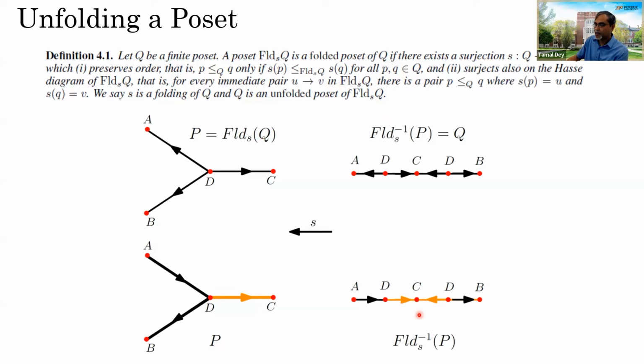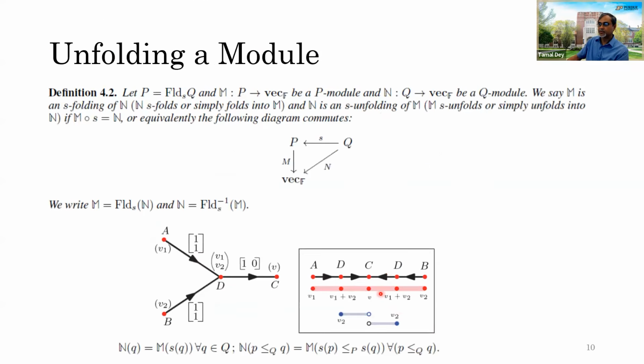Okay, all right. So corresponding to the unfolding of a poset, I also have an unfolding of a module. So in this case, now on the same poset which I considered, I have put a module. So basically all the vector spaces are assigned point-wise, and the linear maps are also given here. So here, the unfolding means you look into the unfolded poset and point-wise copy the vector spaces at the corresponding points.